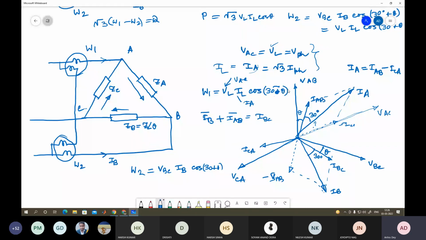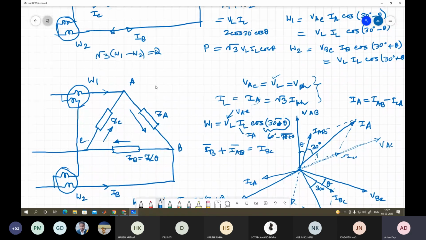So it is 60 degree minus 30 plus theta. Okay, so it is actually 30 minus theta. So if you solve it, you will arrive at the same equation as before. So this is for delta connection.